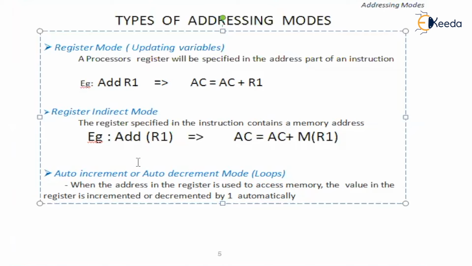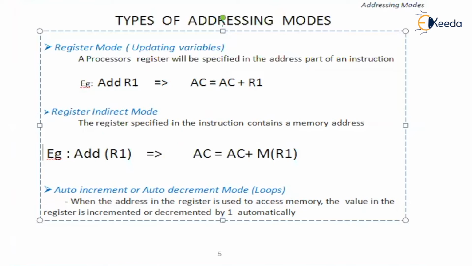Just hold on for a few minutes. I'm going to demonstrate how auto increment and auto decrement calculate the effective address. Of course, it is pretty much similar to the register indirect, but there is a small difference. That is, the R1 value will get either incremented or decremented in auto increment and auto decrement modes. Just hold on for a while.